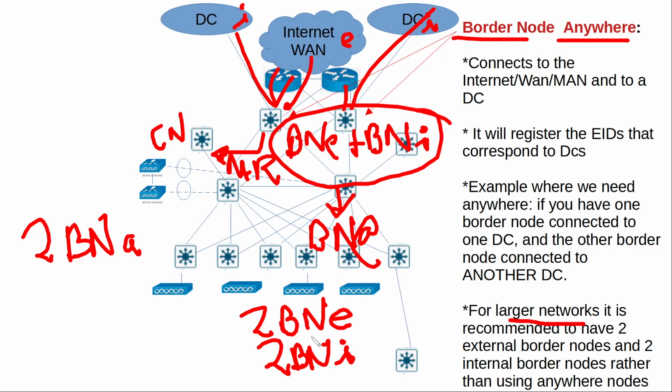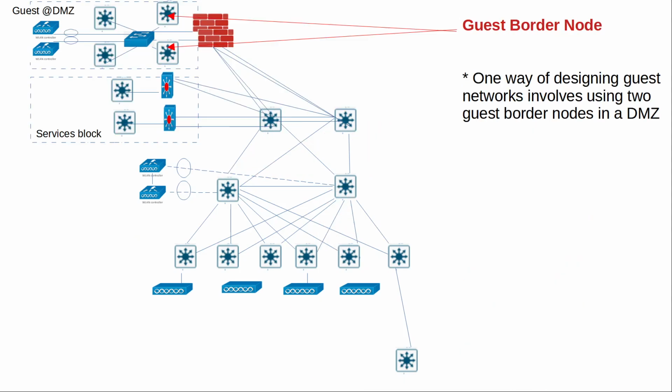So you will need two external border nodes and two internal border nodes for a total of 4 border nodes for large networks. And for not so large networks, you will do just fine with only two anywhere border nodes. That depends on your design and the size of your network.